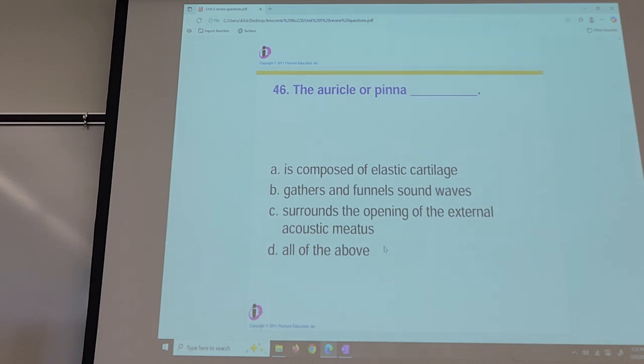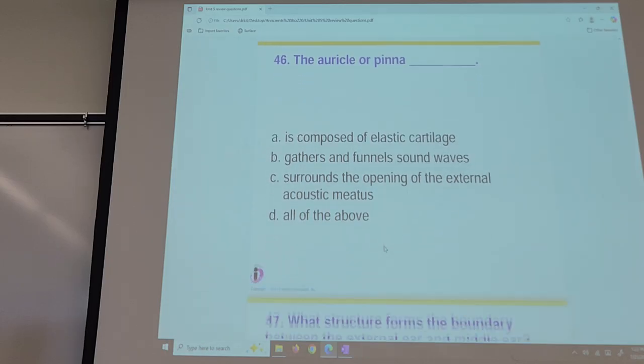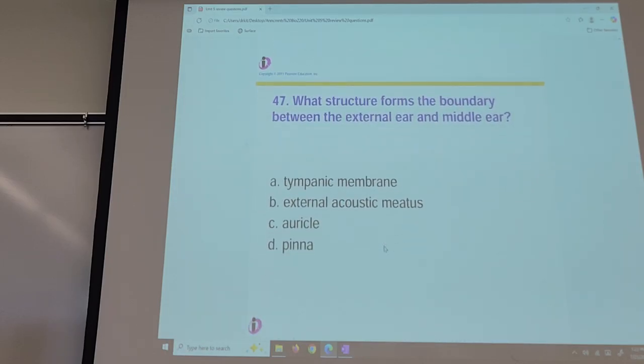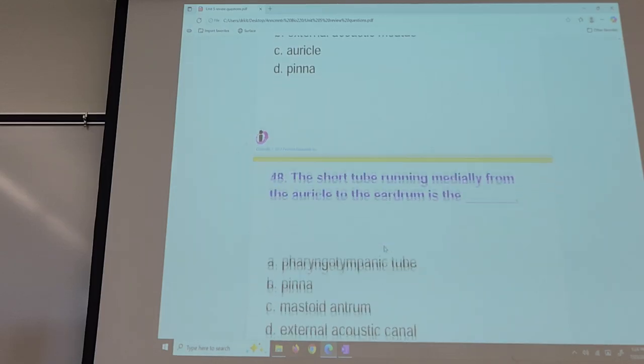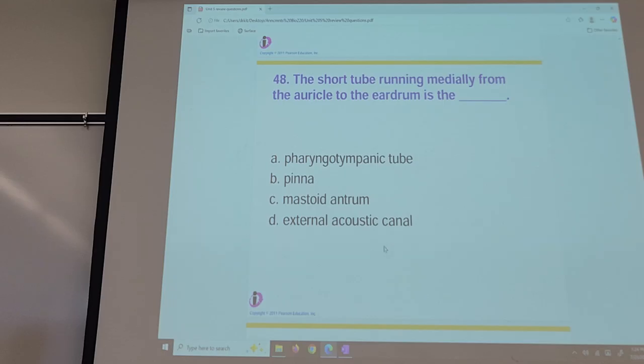D. Yeah, it's everything, right? It's all of the above. Okay, good. What structure forms the boundary between the external and middle ear? A. The tympanic membrane, right? Good. Okay, the short tube running medially from the auricle to the eardrum is?